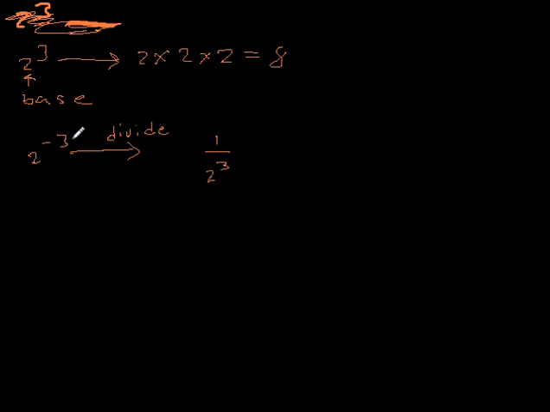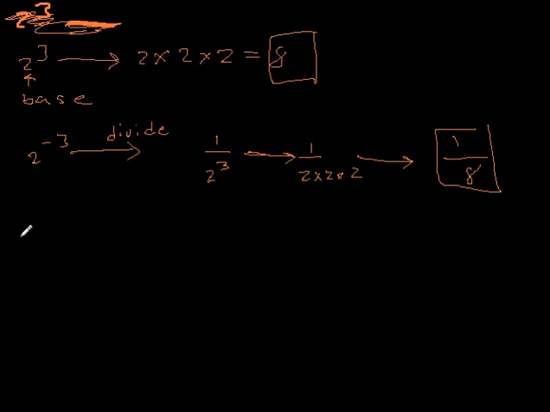Well, we have a negative exponent here, so it's going to be a positive exponent down below, under 1. Well, this ends up becoming 1 over 2 times 2 times 2. We found out earlier that is 8, so 1 over 8. Box my solution.